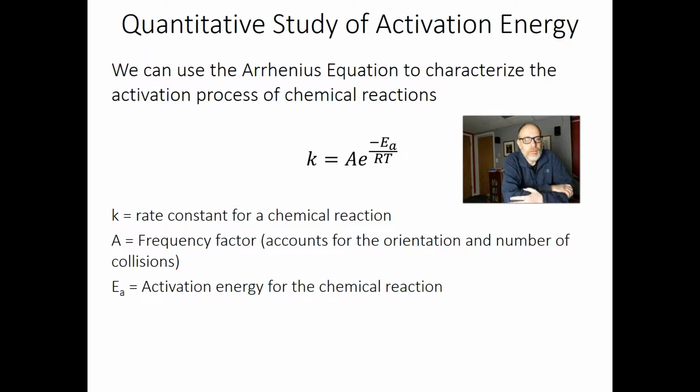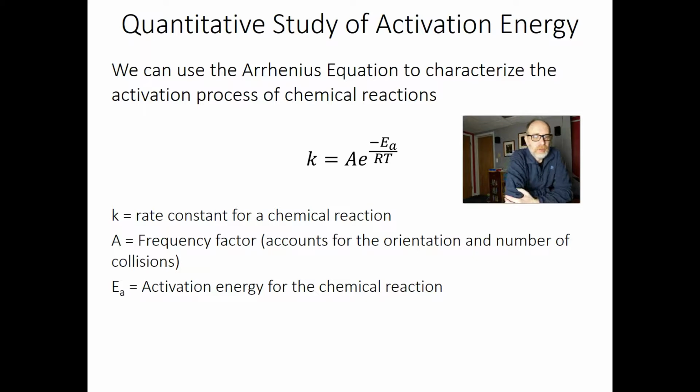So the rate constant is equal to this factor A, which we're going to call the frequency factor. That's where the collision theory part of this comes in. It's going to account for the orientation of collisions, what fraction of collisions are going to give us the appropriate orientation of the molecules to make the reaction go, as well as the number of collisions that would occur.